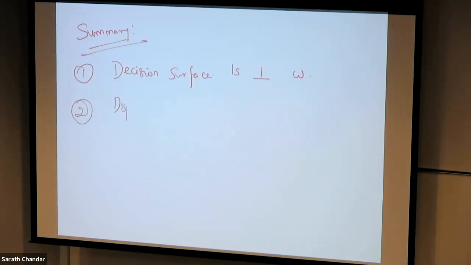Let me summarize. First of all, the decision surface is going to be perpendicular to w. Second of all, the displacement of the decision surface is controlled by the bias w0.